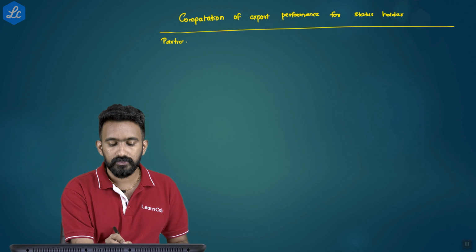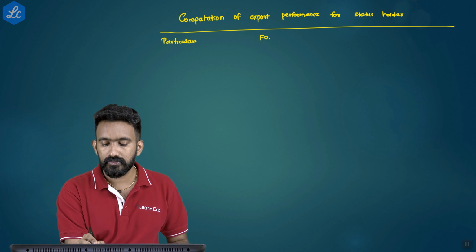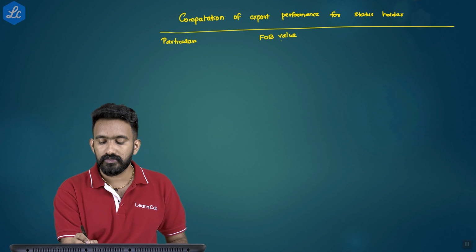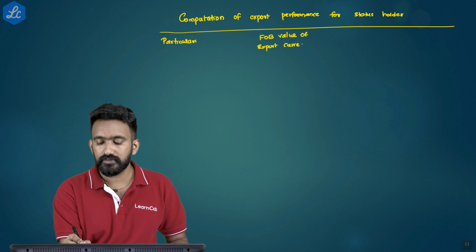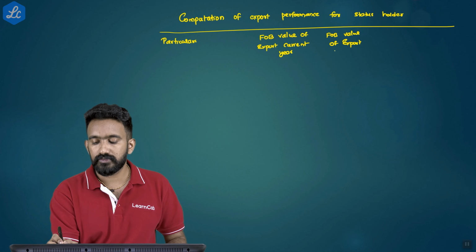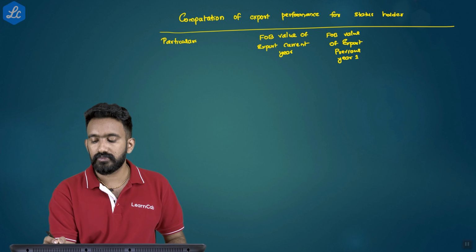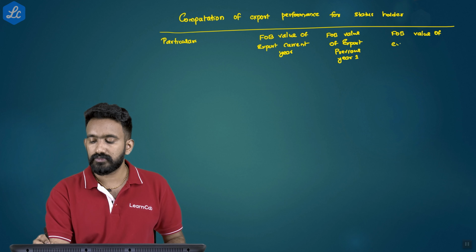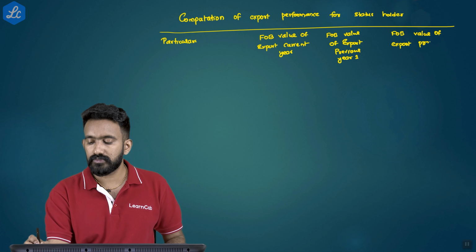Particulars: FOB value of export current year, FOB value of export previous year 1, FOB value of export previous year 2.